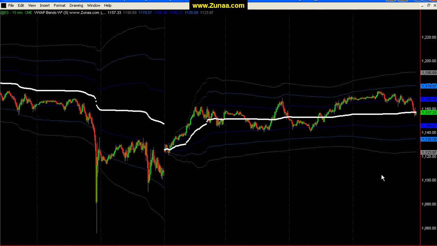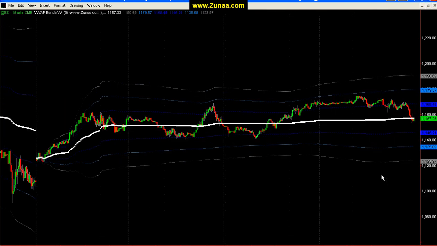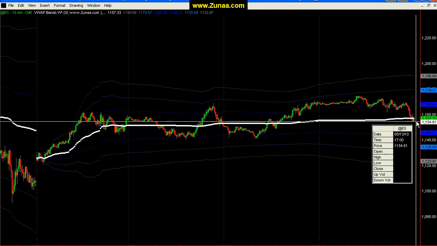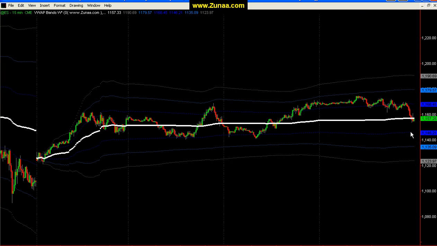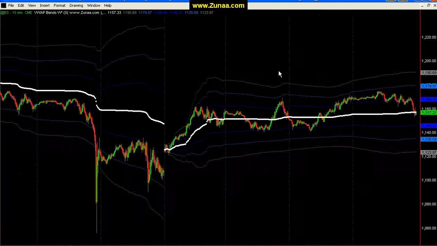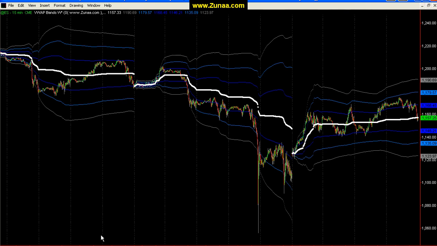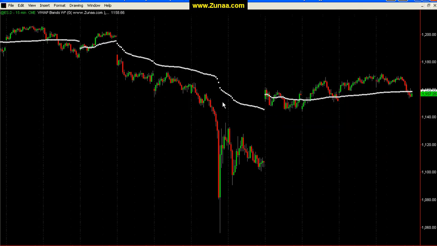We'll see tomorrow, but today we declined and stopped right on volume weighted average price. I believe there is support here and it may hold the price, and we may bounce off of here. If not, we're probably going to come down lower to the first band, the first standard deviation underneath the volume weighted average price.